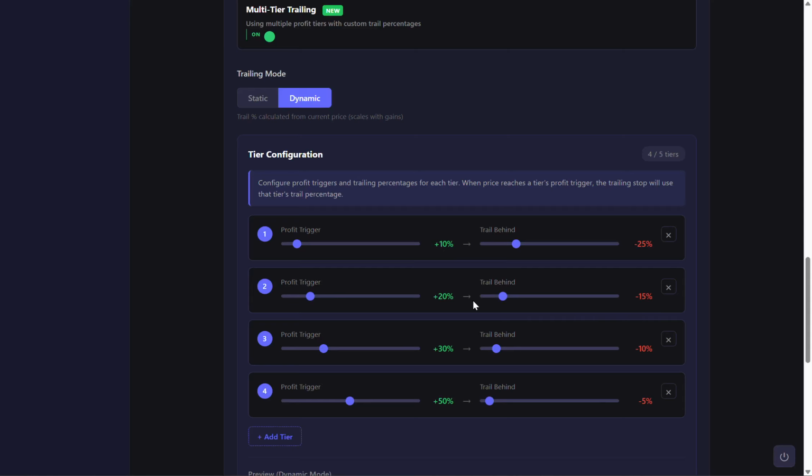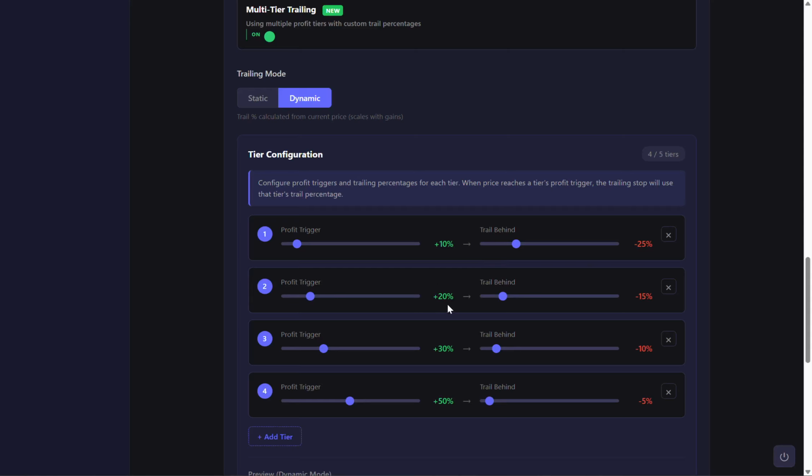Okay, so let's say it went up to 25% profit. If you were still at this original trailing stop loss and it went up to 25 and then went back down to 0, okay, you would be at 0% profit if you just had this trail, because this is trailing 25% behind and we went up to 25%, so it would come back down to 0.